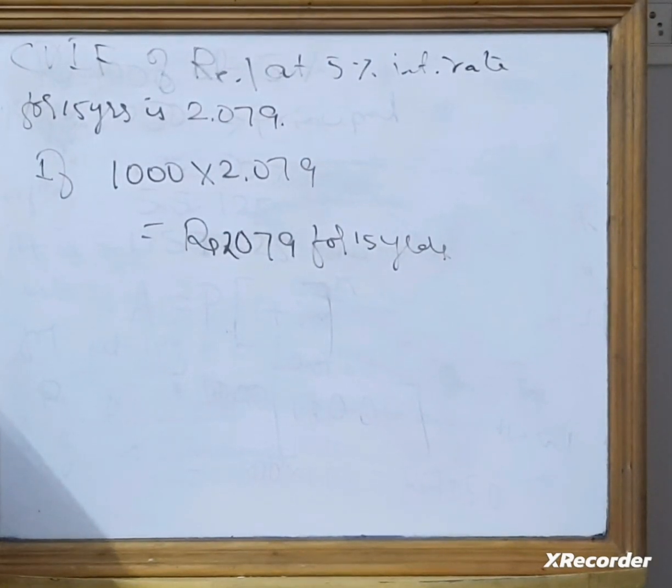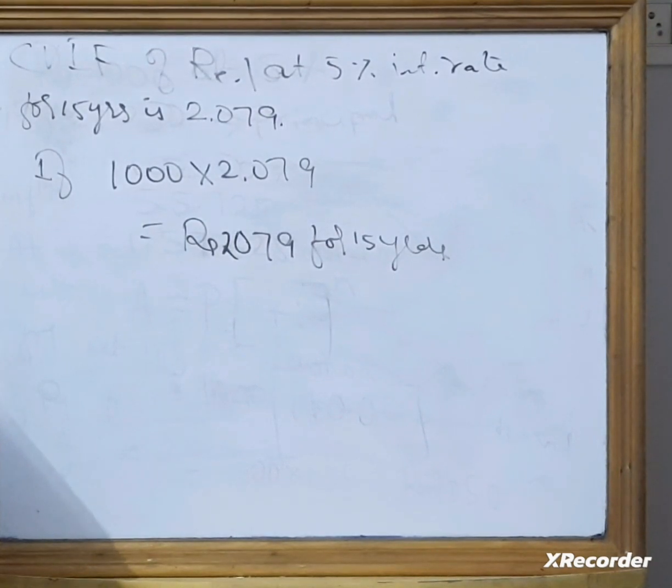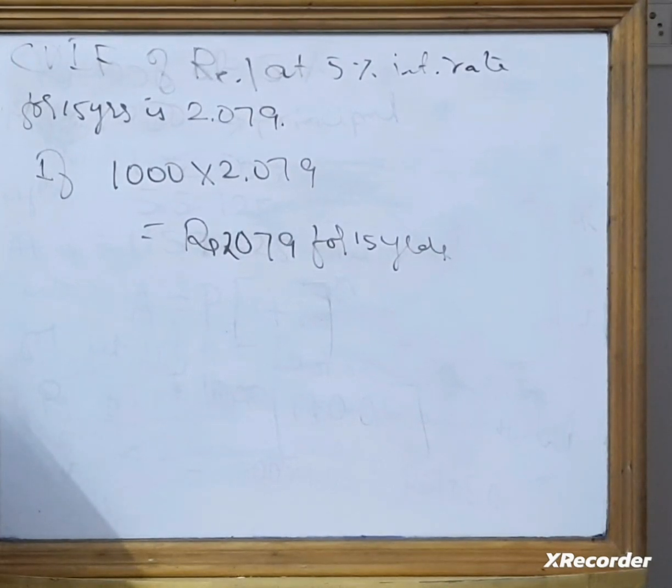And hence, the longer the period of time, the higher is the compound interest factor. However, it should be borne in mind that for an interest rate of 0%, the compound interest factor always equals 1, and therefore the future amount always equals the initial principal.